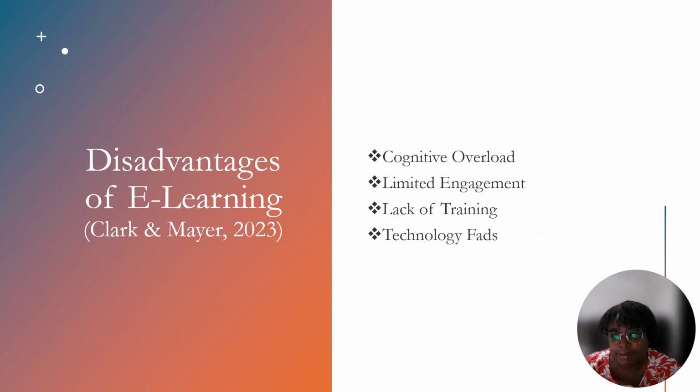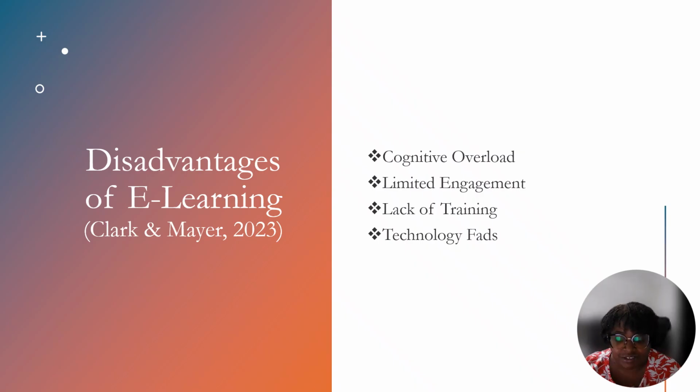Or it could be limited engagement. It could be good material. It could be meeting the core values and the goals of the class. But if the student is not engaged in the material or does not have the opportunity to be engaged in the material, then that will limit the amount of e-learning that takes place.